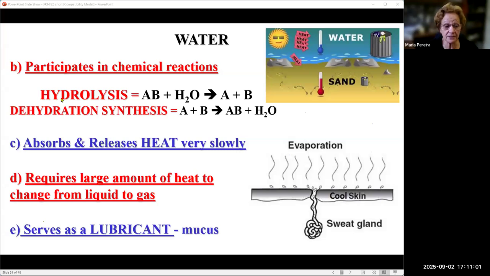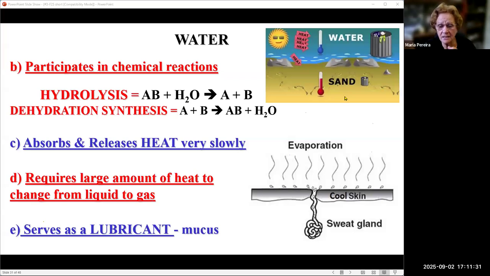It participates in these hydrolysis and dehydration synthesis reactions that occur all the time in the body. It absorbs and releases heat very slowly. That is a very important concept. So, for example, if you live in the desert where there's no water, in the daytime, it's very, very hot because you have the sun shining.